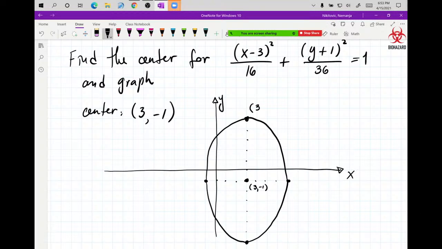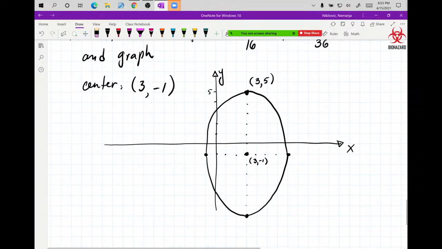Now, what are these points? Well, this point has the same coordinate 3, and it's 6 units up, so it's 5, right? Because you can count 1, 2, 3, 4, 5 on the y-axis, but you can also add 6 to the y value, because you went 6 up, because it's 36 in this case.